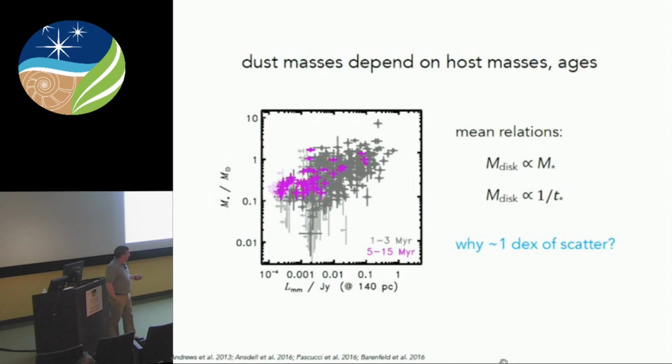Right? There's a lot of scatter in this diagram, but there's a clear relationship. The mean relationship is that the solid disk mass and the stellar mass are roughly linearly related. And the age dependence is even harder to figure out, but it looks like roughly that if you're twice as old, you'll have half as much mass.